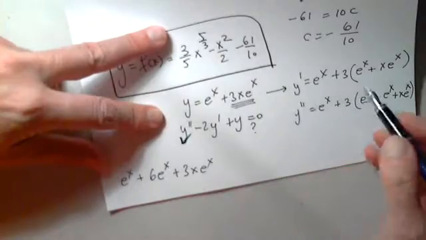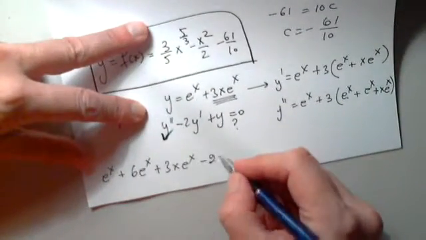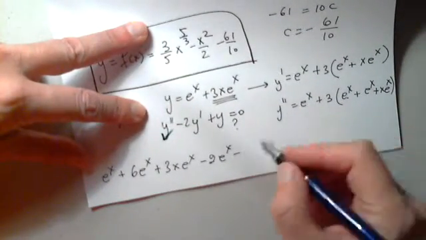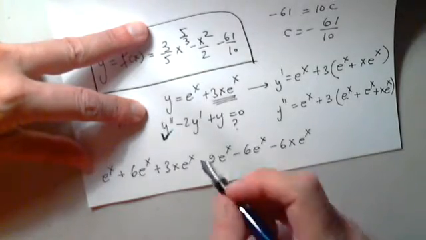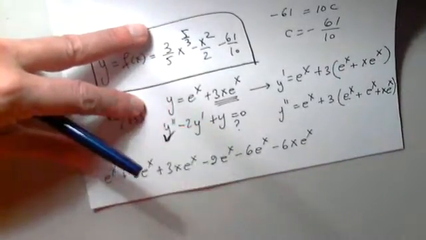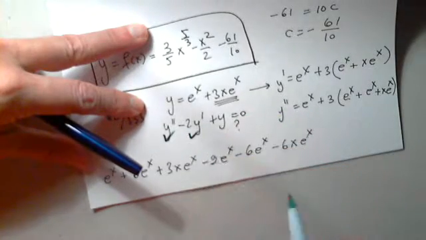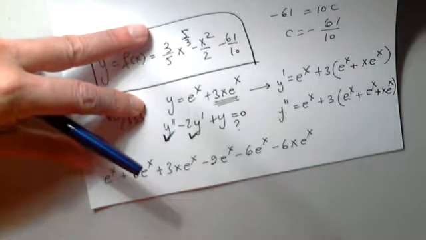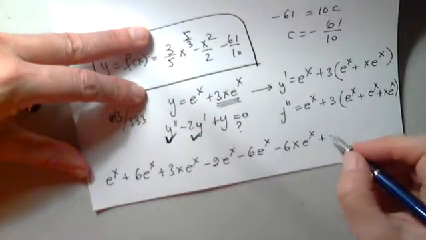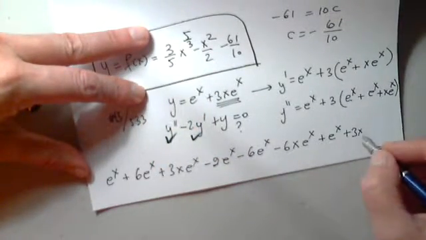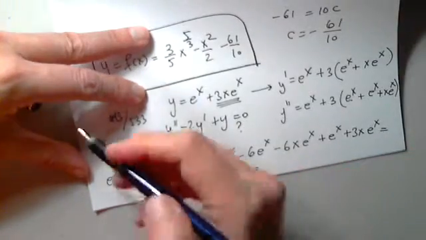Now, minus 2 times the first derivative: minus 2 e to the x minus 6 e to the x minus 6x e to the x. So now I accomplished this. And now plus the function, so plus e to the x plus 3x e to the x. And let's see what we get now.